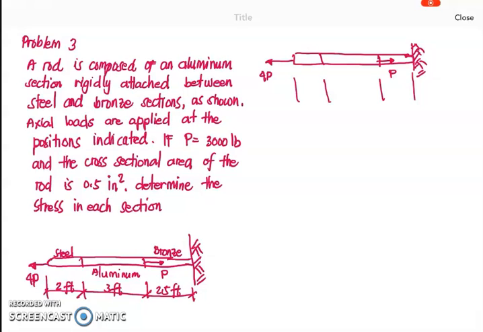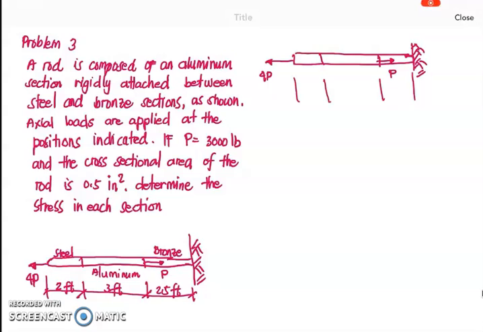in each section. For this problem, you are given a section of a rod. You have the aluminum section which is connected to the steel section and the bronze section. You have the applied force on the steel section and of course on the aluminum section.